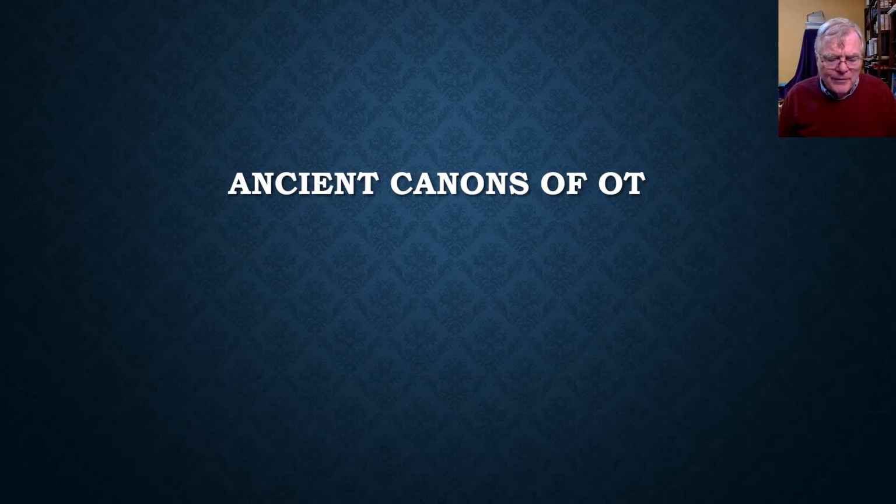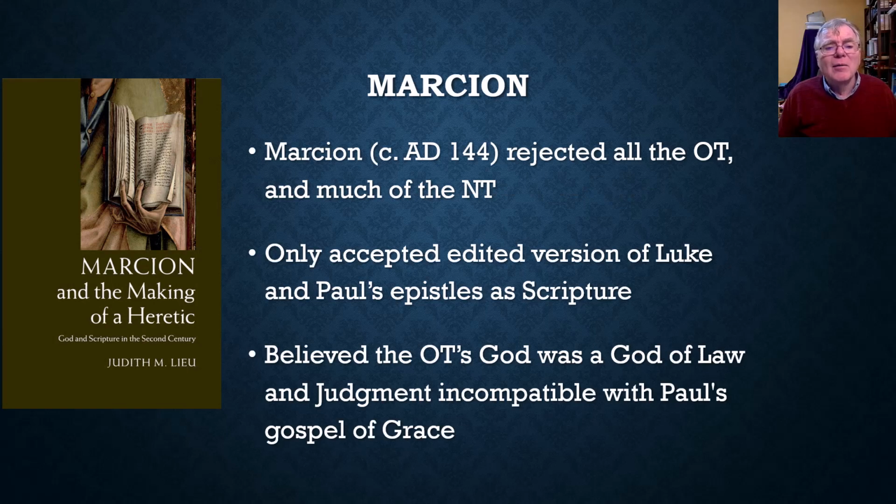Now, there were a number of ancient views of the canon that would be worth mentioning as well. A famous view of the canon that came early on came from a man by the name of Marcion, and you can tell by the title of the book about him. Marcion was condemned by the church as a heretic.